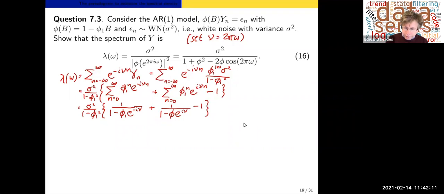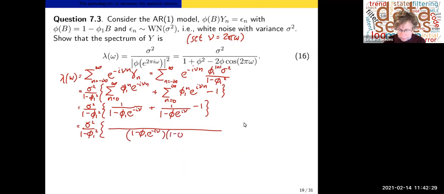And now I just need to do some algebra. Sigma squared over 1 minus phi 1 squared. What do I do? I take 1 minus phi 1 e to the minus I nu, 1 minus, there should be a 1 here, phi 1 e to the I nu.